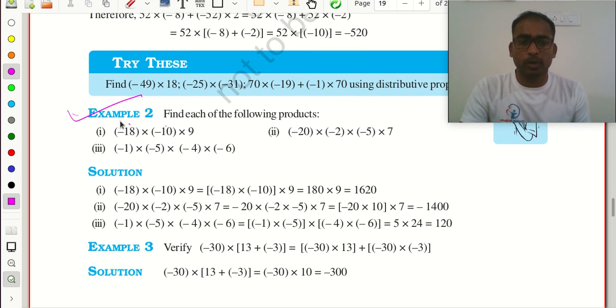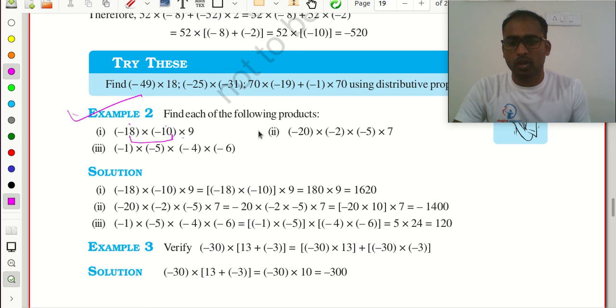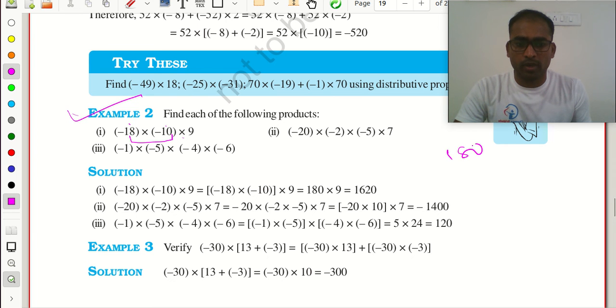The distributive property is required to make the multiplication process easier. For that purpose we need it. So here minus 18 into minus 10 into 9. First we can multiply these two integers. Minus 18 into minus 10 is how much? 180. 180 multiplied with 9.